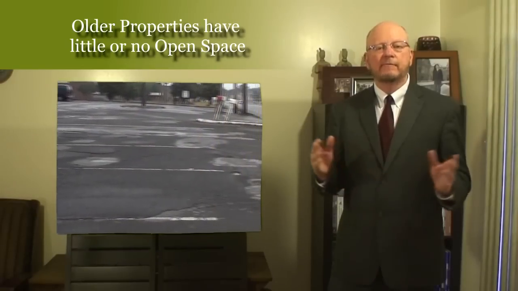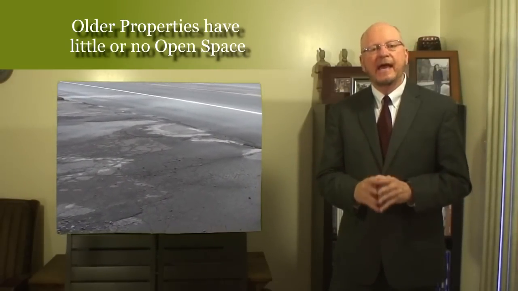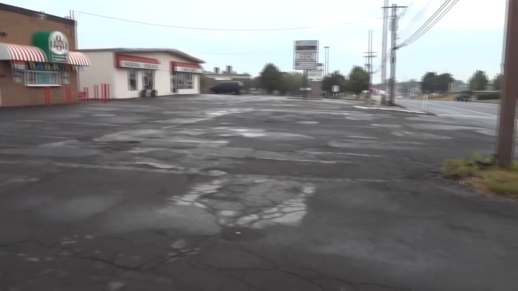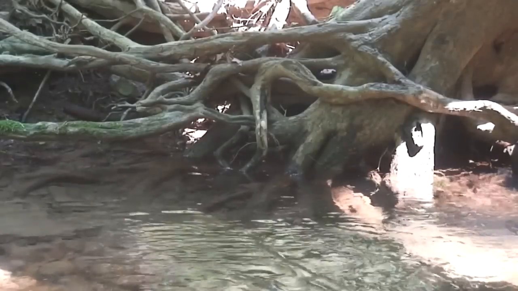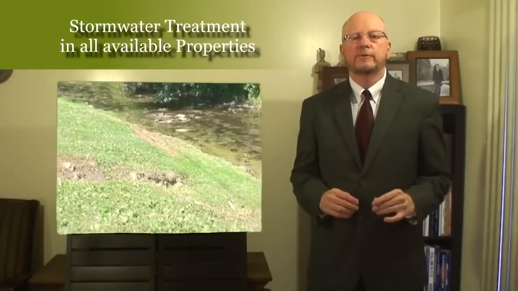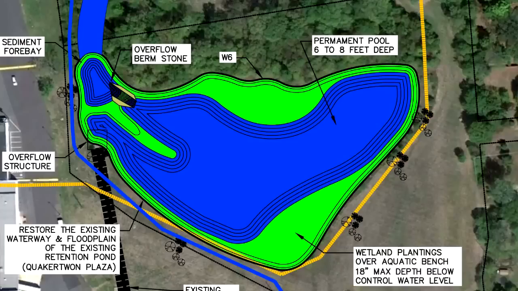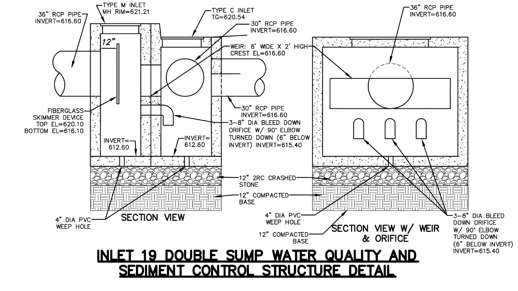Of course, this is a fairly recent requirement, and all older properties have no open space requirements with very small waterway protection easements. The goal is to construct stormwater systems in all available land along waterways. The design of natural biological ponds and structural ponds are both needed.